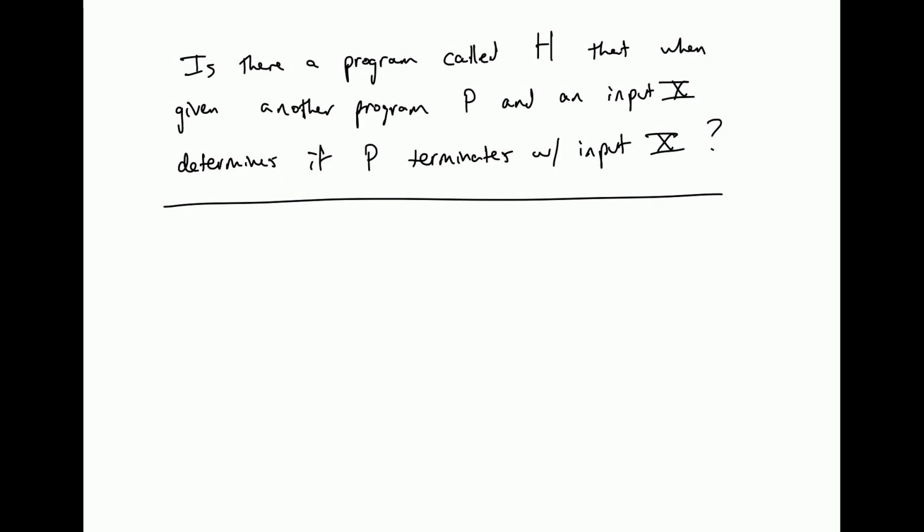Then we'll play with H and we'll do some stuff. And if that leads us to a logical contradiction, then what are we forced to conclude? That our original assumption that H existed was itself wrong, therefore H does not exist. Okay, so that's the game we're going to play.